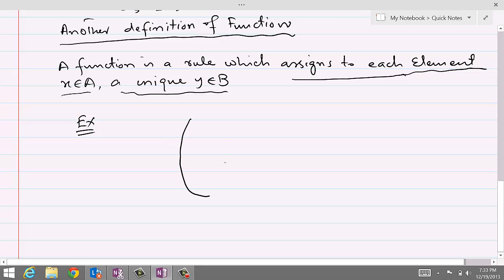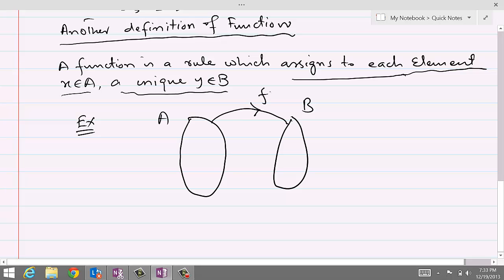Let's try to clear this concept with a couple of examples. Here is set A, and here is set B, and let's call this relation F. 1, 2, 3 and 4 in A, and a, b, c, d in B. 1 is associated to a, 2 is associated to b, 4 is associated with c, 3 is associated with d.